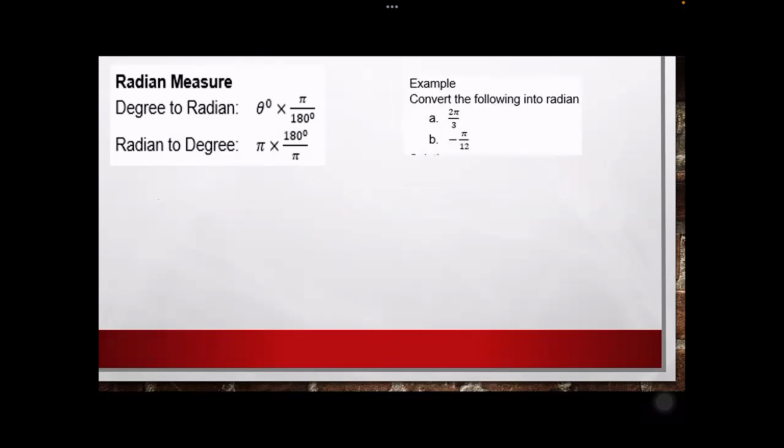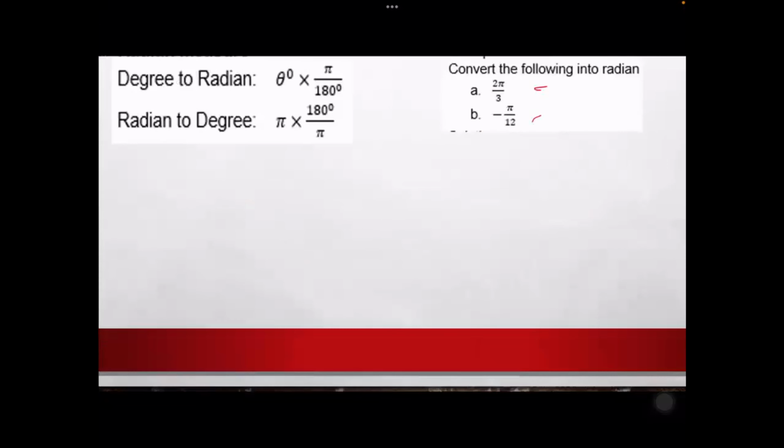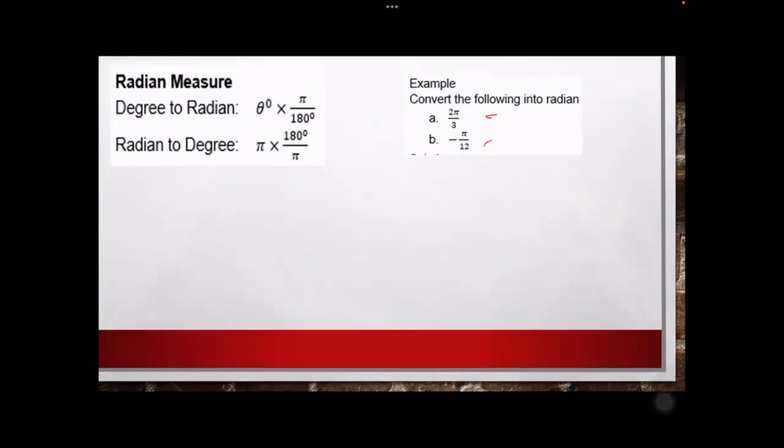Okay, next, we have to convert the following into degrees. Kung mapansin nyo, itong 2/3 na ito, at saka itong negative 1 over 12, ito yung given natin dito. So, therefore, dapat ang makuha nating sagot ay 120 at saka negative 15 pag convert natin. So, for letter A, this will be 2 pi over 3.